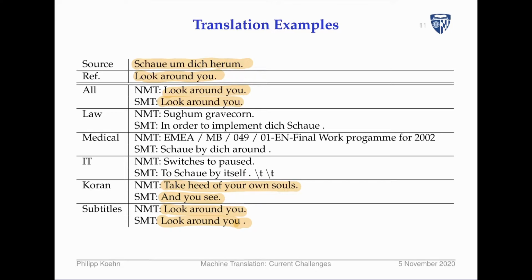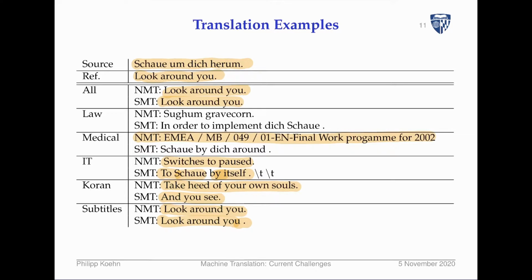Here are some other examples. IT: "shower" it doesn't even have in the data, so it just copies it, and then by itself, it just puts some rubbish there. Neural MT switches to "pause". I think the more drastic one is the medical, where it just comes up with this kind of title of a medical corpus document.